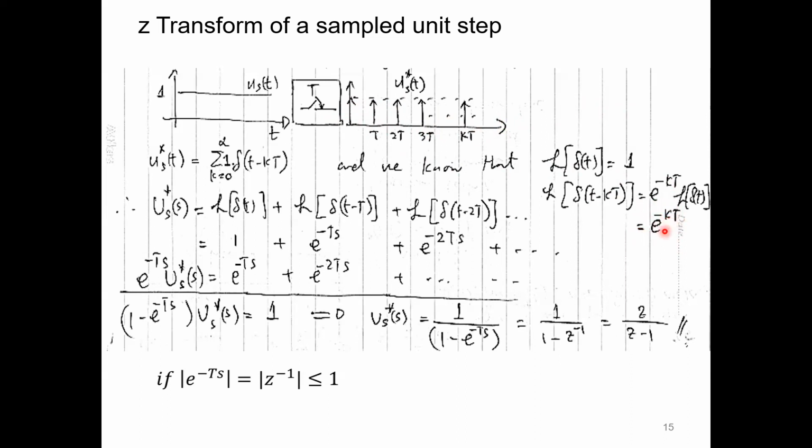Now what we do here is write this for every k, right? So in Laplace, you can see over here, these are the delays. Without k, this is a single delay T, 2T, and so on.